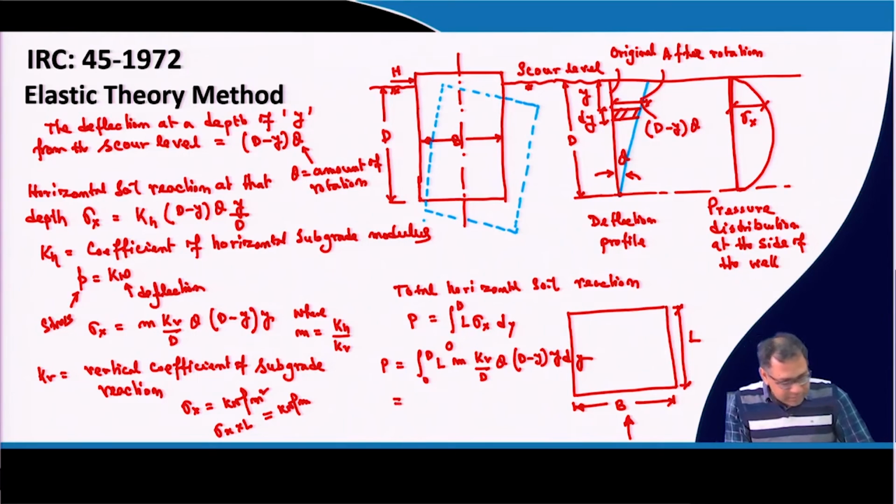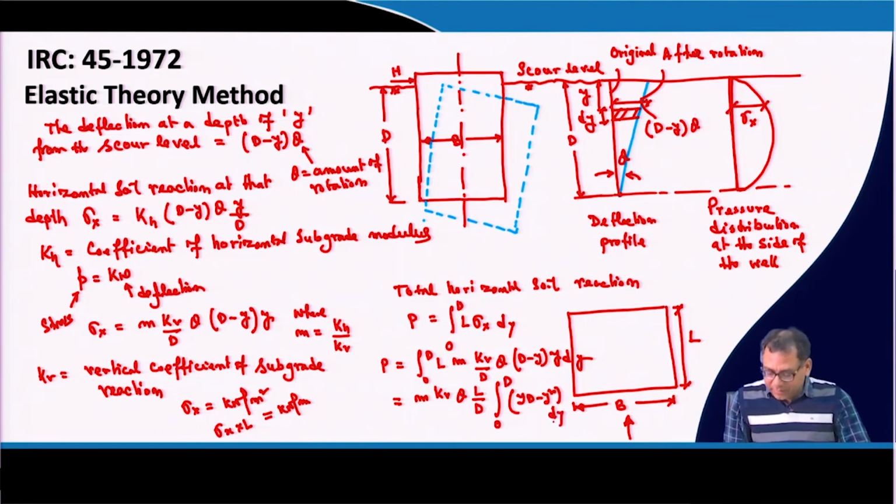And finally, we can take that m Kv divided by, this is the L term. So, this is Kv theta. So, there is m Kv theta, then L divided by d, then we put the integration 0 to d, then this is yd minus y square into dy.